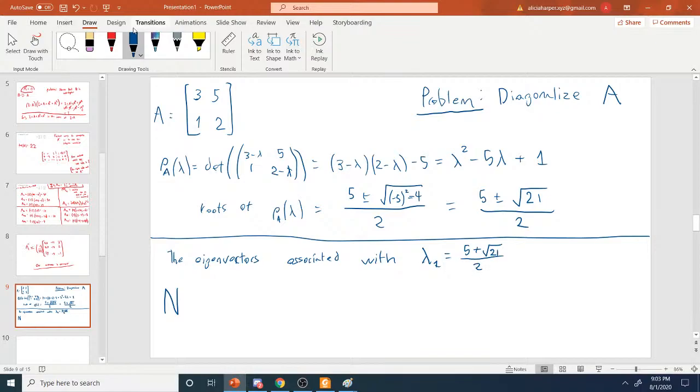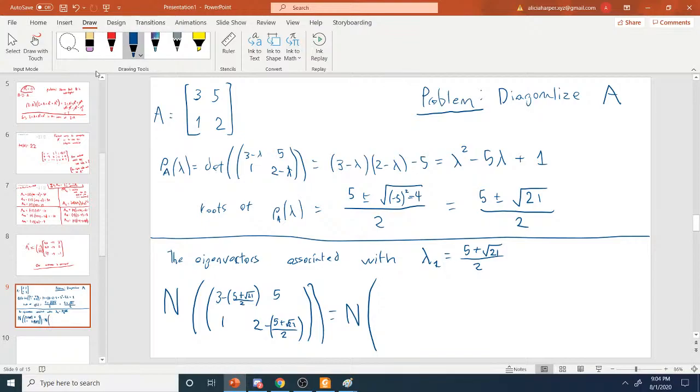And this is the same thing as the null space of the matrix 3 minus (5 plus square root of 21)/2, 5, 1, 2 minus (5 plus the square root of 21)/2.